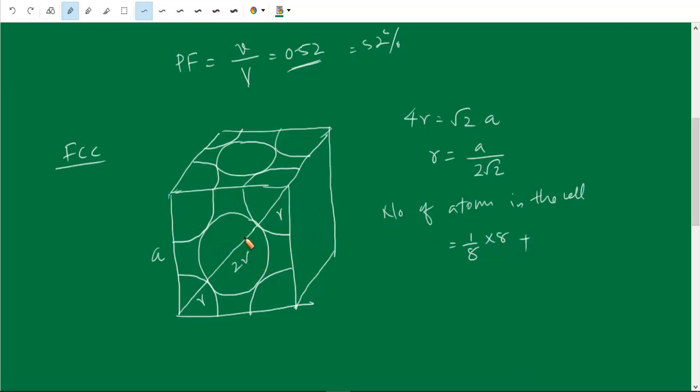Each face center atom is shared by 2 lattice cells, that is 1 by 2 into 6. Therefore the total number of atoms is equal to 4.